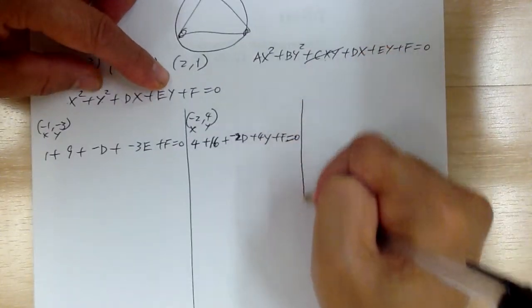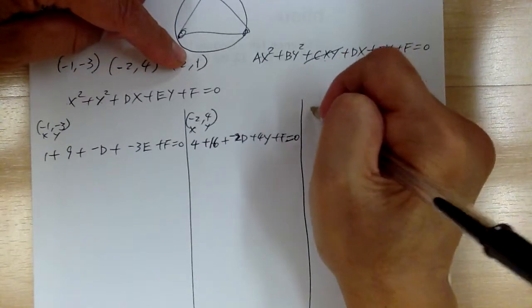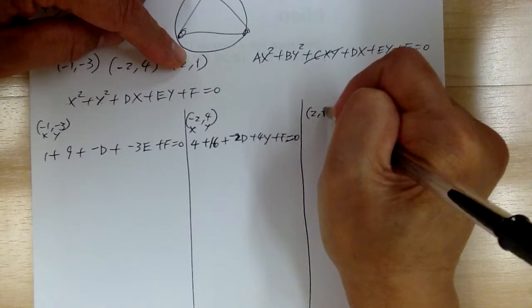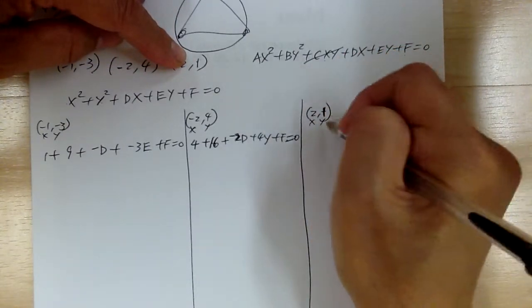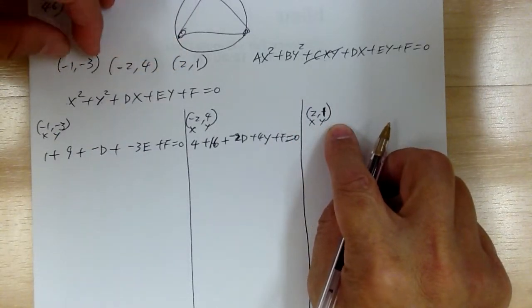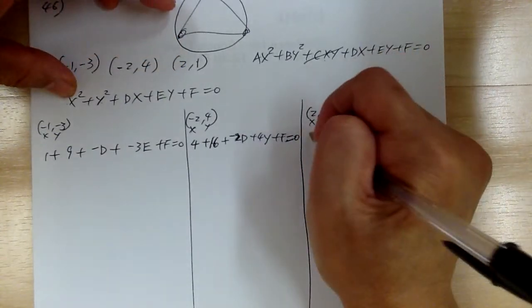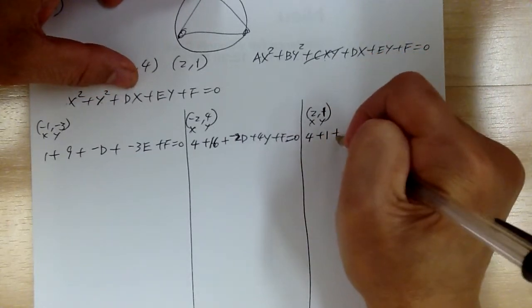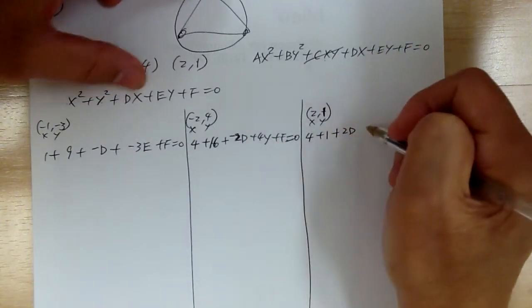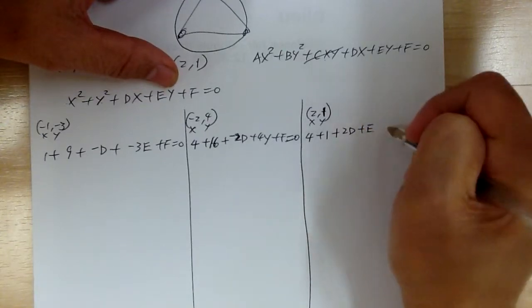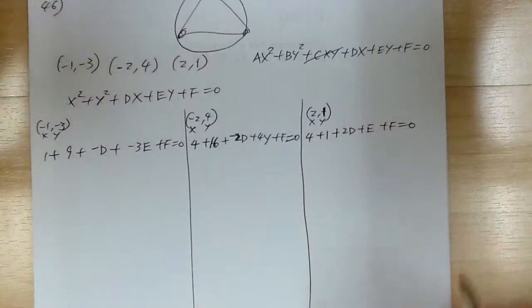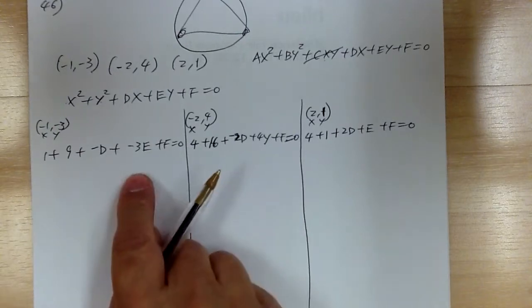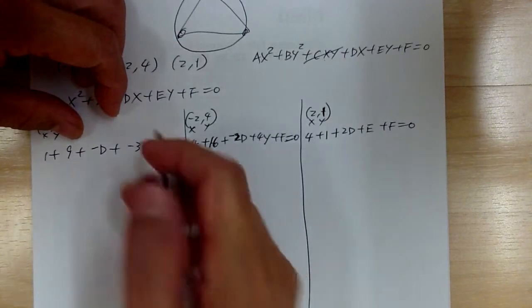The next point is 2, 1. Again, write down your x and y so when you substitute, you don't get confused. So x squared is 4, y squared is 1, x is 2 so plus 2d, y is 1 so plus 1e plus f equal to 0. I'm going to simplify and put the number on the other side.